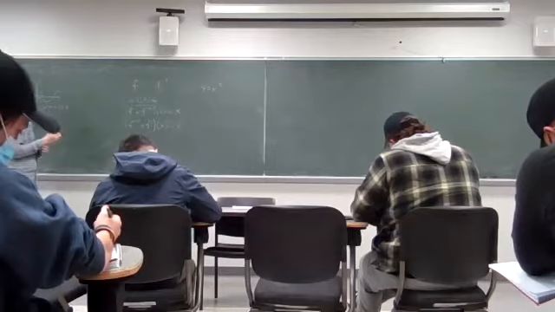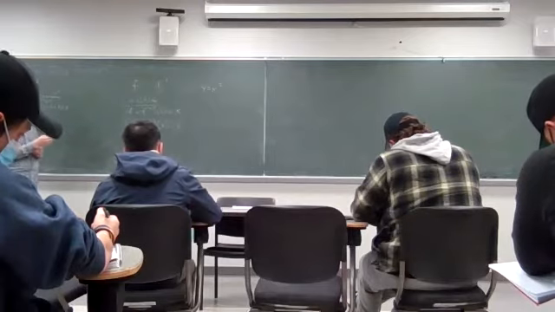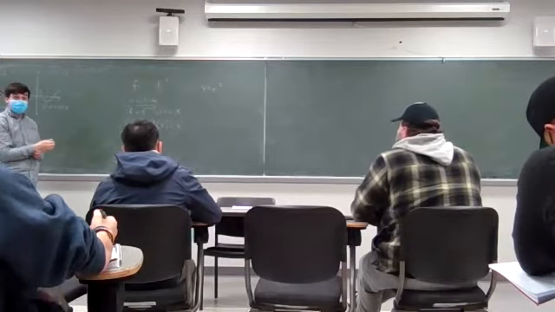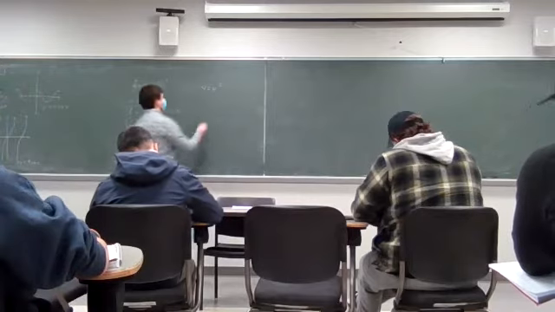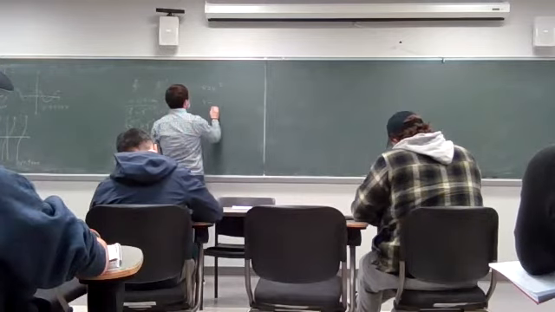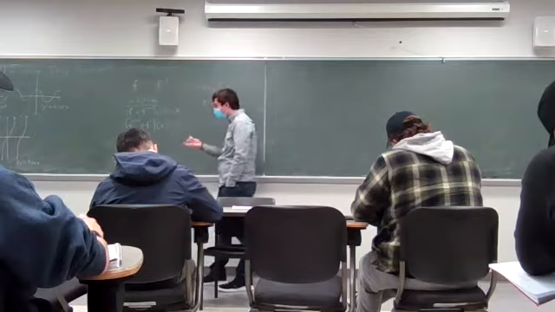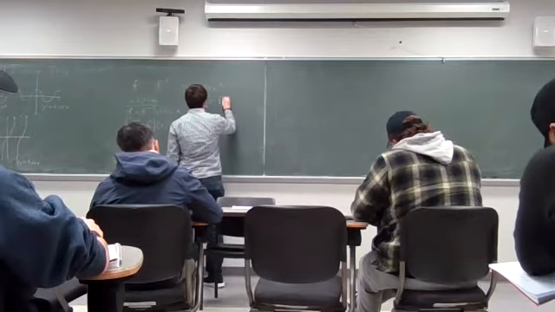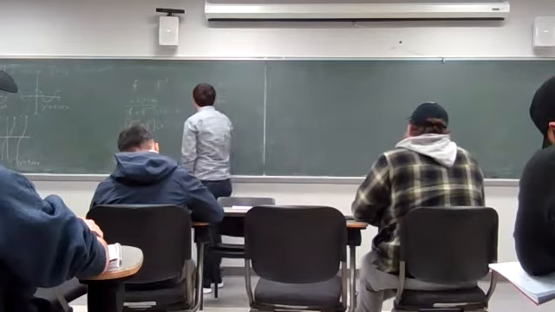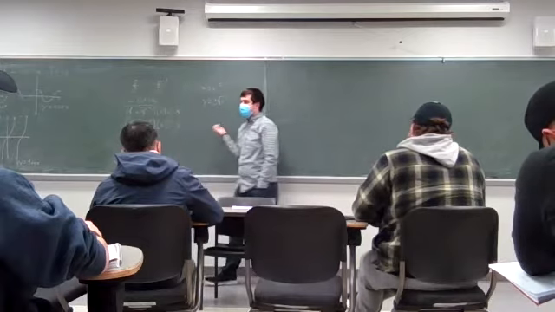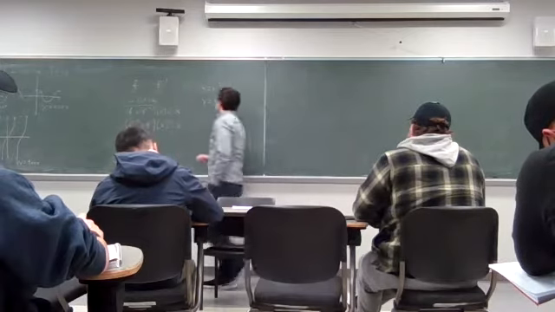What is the inverse function of x squared? Good. Well, yeah, so one thought is to say, okay, well, you have a square root of x. I'm not sure if it's plus or minus though.